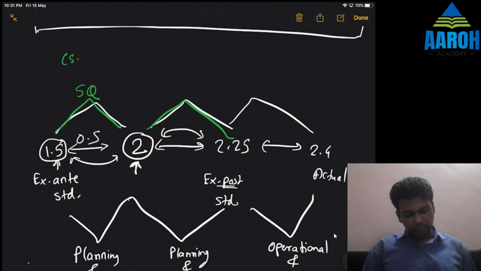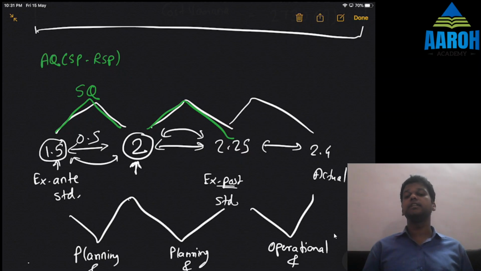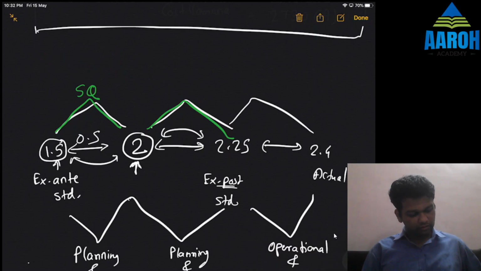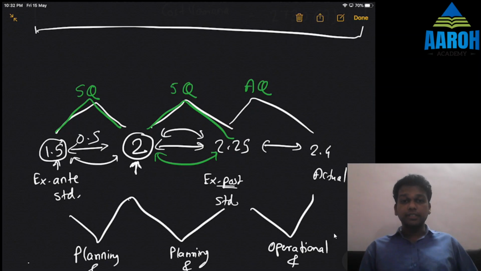We cannot take standard price minus revised standard price and then multiply it by actual quantity, because that is not relevant, right? So let's multiply by standard quantity here. Let's multiply by standard quantity here also, because this is also standard minus standard. And here we'll multiply by actual quantity, because this is our actual price variance. Understand? This is the actual price variance that will be charged to the purchase department now.